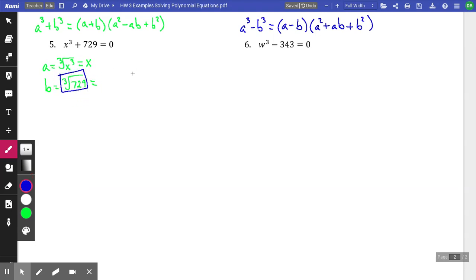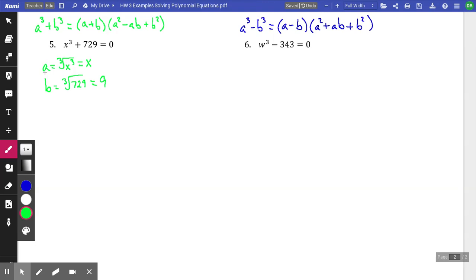It has a little n outside of this radical sign. It looks like an n out in front of a square root sign. Choose that, and you put a 3 in the tail and type in whatever number you have underneath. And for this, the cube root of 729 is just 9, quite a small value.